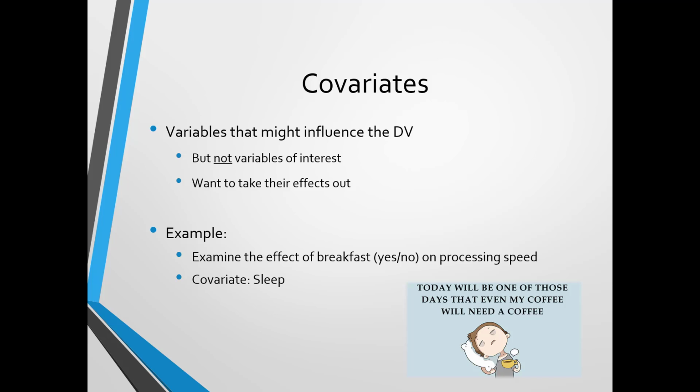And so maybe you want to control for hours of sleep that the participant got the night before. Now, you're not testing any hypotheses about sleep itself. It's not an independent variable, but it's a covariate. And so you know that sleep might affect processing speed, so you want to account for that effect first and take that out. And see if sleep is held constant, all things being equal about sleep, whether or not eating breakfast affects processing speed.